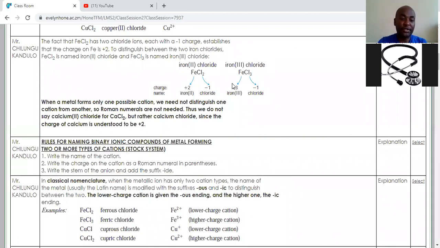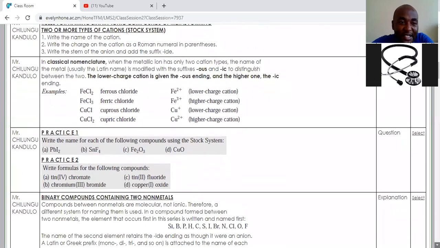So the rules there are, you write the name of the cation, then you write the charge in Roman numerals in parentheses, immediately after. So you put the 2 there in Roman numerals, chloride. That's all. These things are very simple.